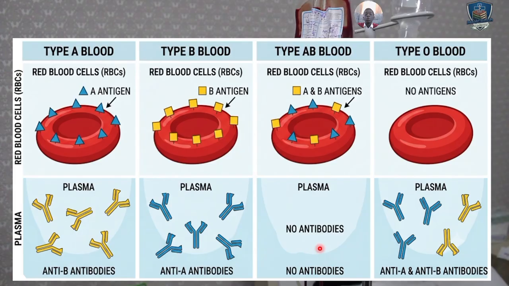So let's look at how we can increase the number of blood types from 4 to 8 based on the rhesus pattern.